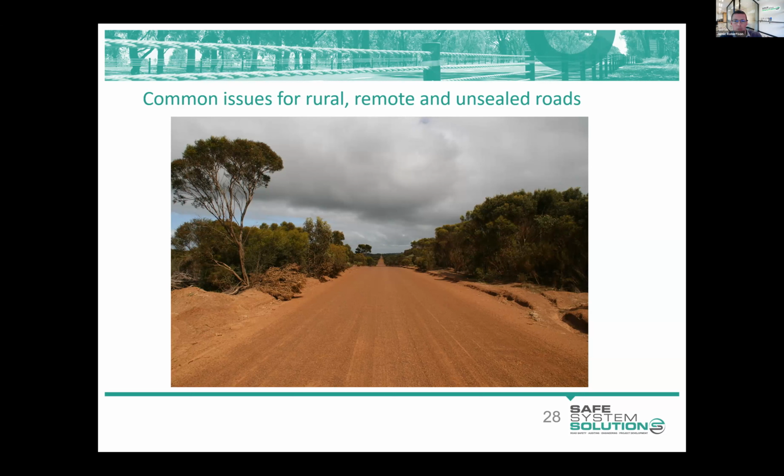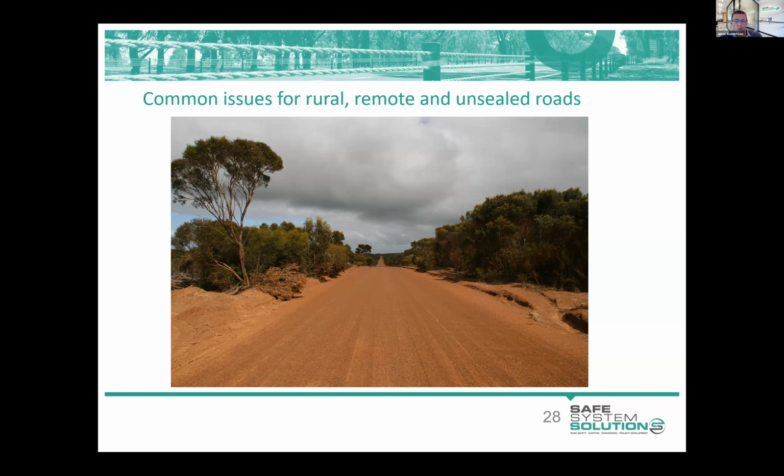So it might be to do with the surface, variability in the surface, corrugations, potholes, wet patches, and so on. Or there's a change in the geometry. So there might be a curve that can't be navigated at the speed that drivers are taking on the straights. So it's important to delineate features like those to ensure that they don't come as a surprise to motorists.